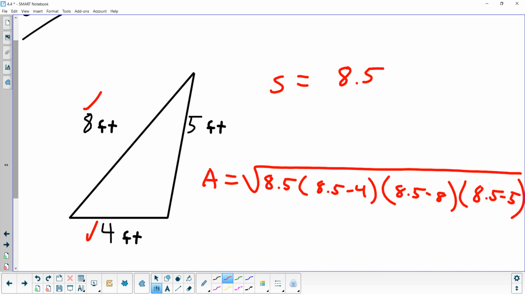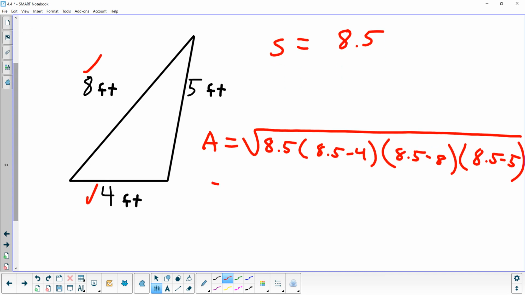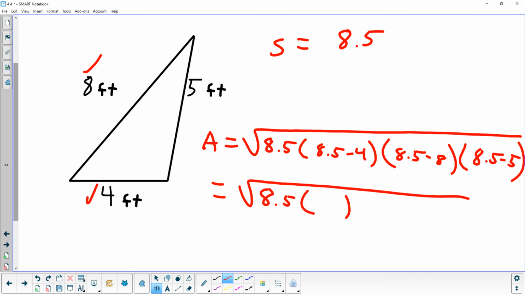Okay, so remember, the goal here is to get the same answer we got last time. Let's see. All right, so we've got 8.5. I don't want to have to type all those parentheses and subtraction signs in, so we'll simplify what we can. Jaden, what's 8.5 minus 4? 4.5.